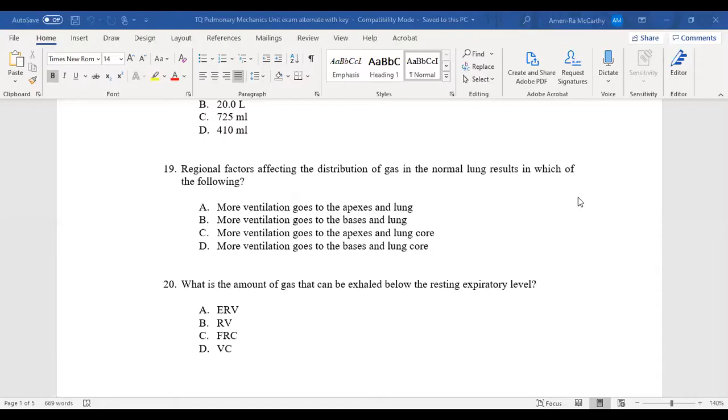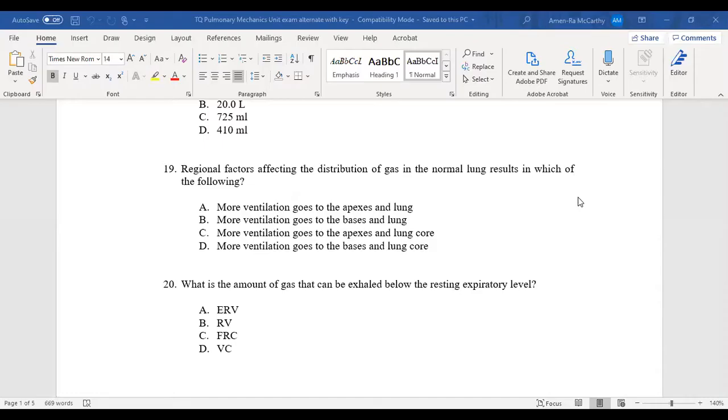Does anybody remember how much more goes to the bases as far as ventilation is concerned? Miss Rose, look at it again. You're getting it mixed up with the perfusion. I want how much goes to the bases as far as ventilation.